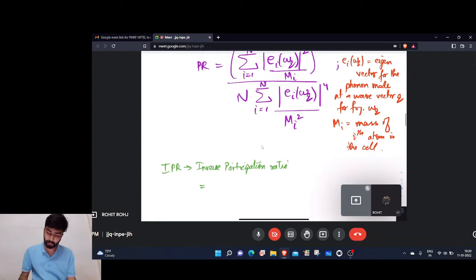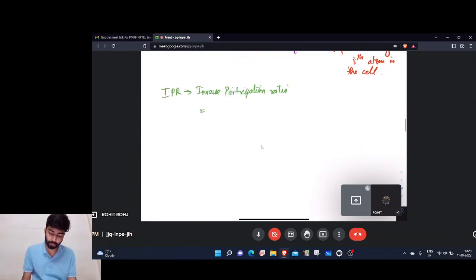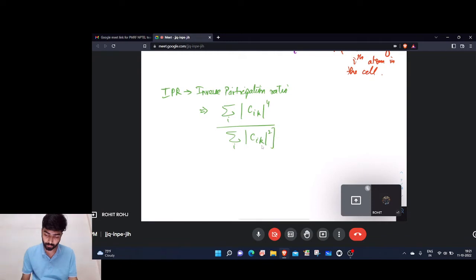It would be almost an inverse of the participation ratio, where we have the fourth power in the numerator, and C I K square.